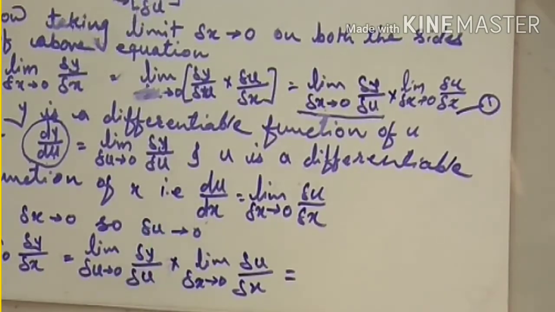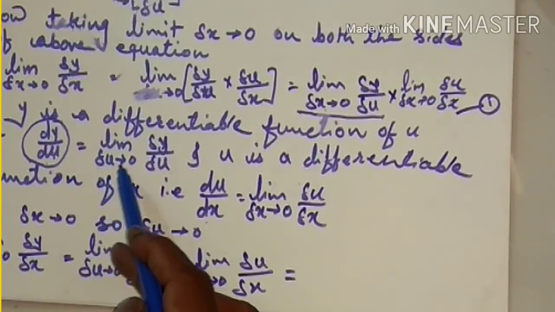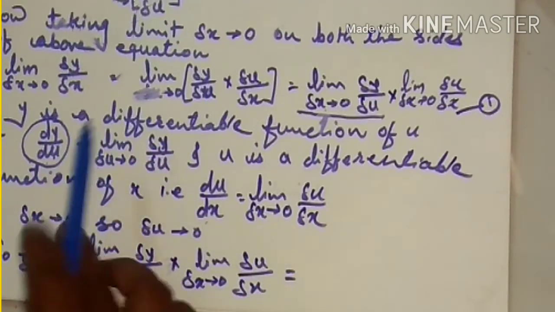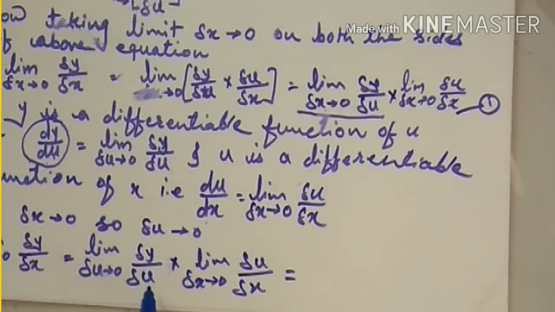Now see what is happening by the definition of derivative. Limit delta u tends to 0 delta y by delta u is nothing but dy by du. So I will replace this by dy by du.